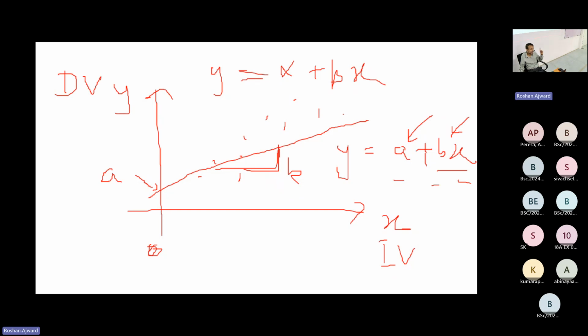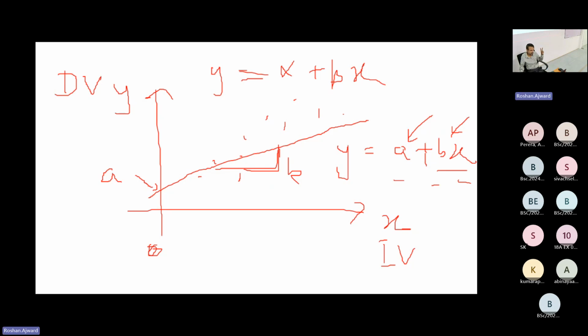Before coming to that, you have to understand how many variables are there here. If I take y equals alpha plus beta x, how many variables are there? Only two variables. One independent variable and one dependent variable. In that case, this is called a bivariate regression. Why is it called a bivariate regression?